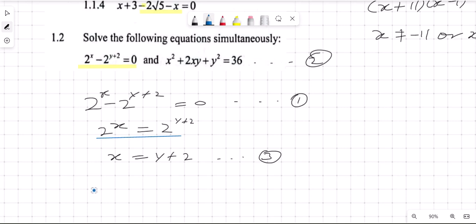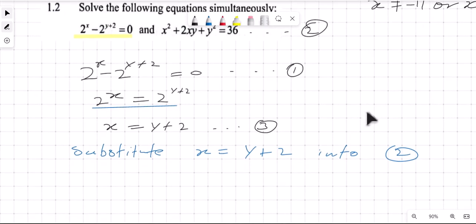Here the exponent is x and here the exponent is y plus 2, so we equate them. That was the breaking point. Then we substitute x equals y plus 2 into equation number 2.